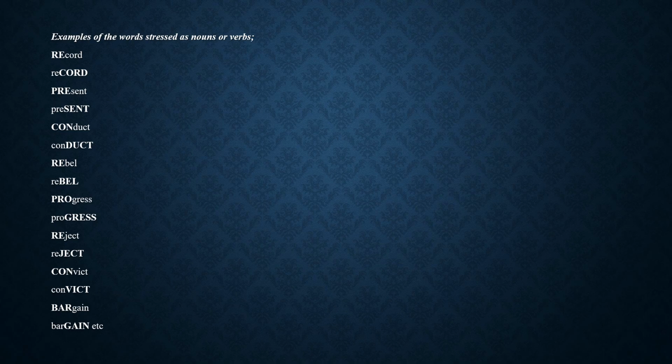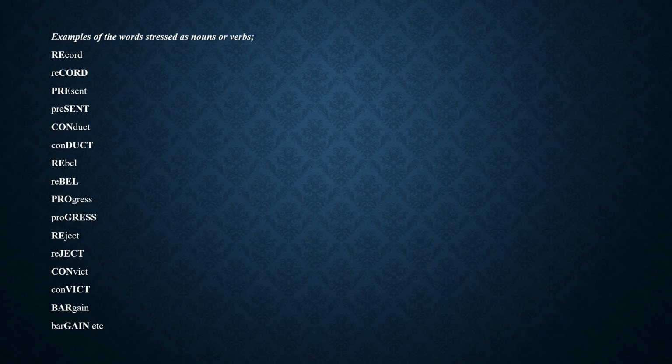You can see from the examples that I'm using the same word but stressed in two different ways to bring out a noun and a verb. The first syllable stressed gives us a noun, the second syllable stressed gives us a verb. So the way you pronounce the word will bring out the difference in the meaning of the word that you are pronouncing. Then to begin us off, I want us to do it together.